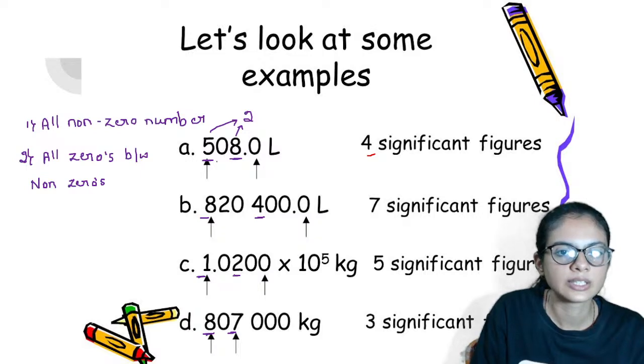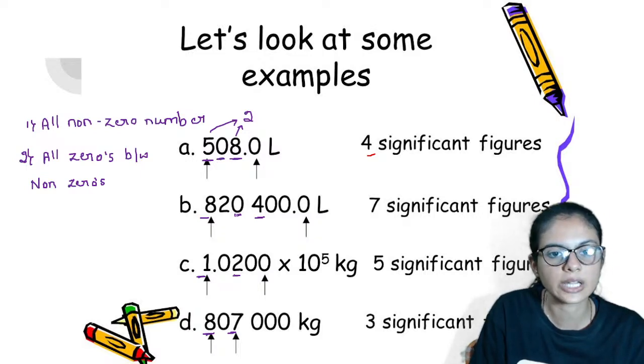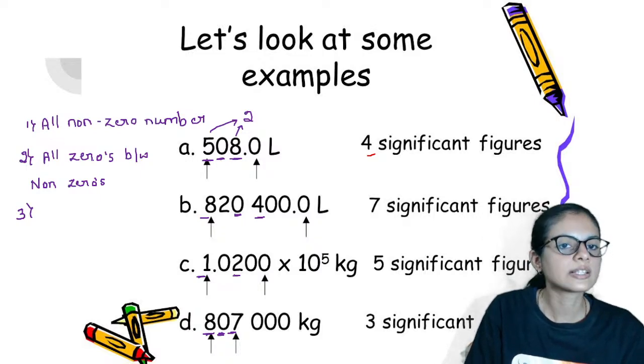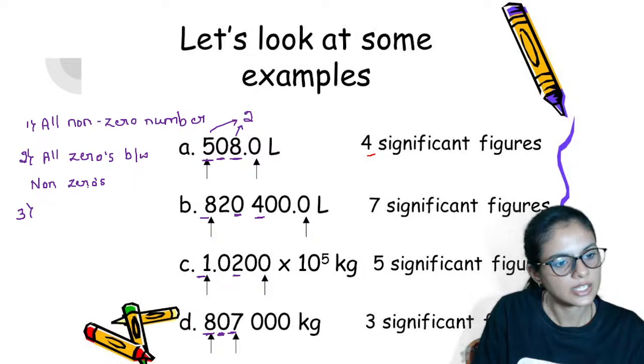So with that, this is a significant number. This exists between, so it is a significant number. We have not spoken about decimal values. Let's keep it as it is. And this is a number between significant figures, so it is a significant one. So the first thing is all non-zero numbers are significant. All zeros between non-zeros are significant.